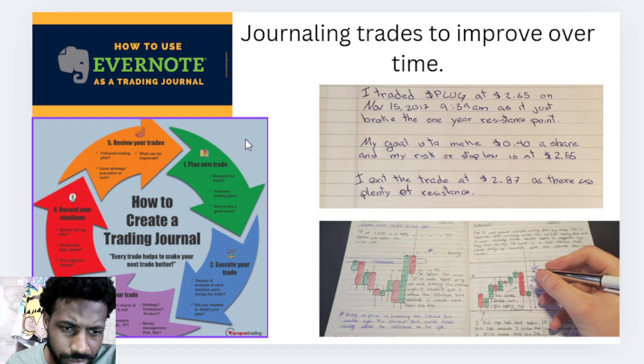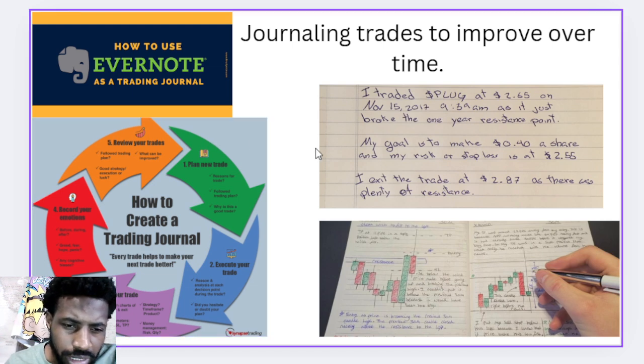Okay. Number one, you want to plan your new trades. This is how you create a journal. So you want to write down your new trades, and write down how you are going to execute your new trade.